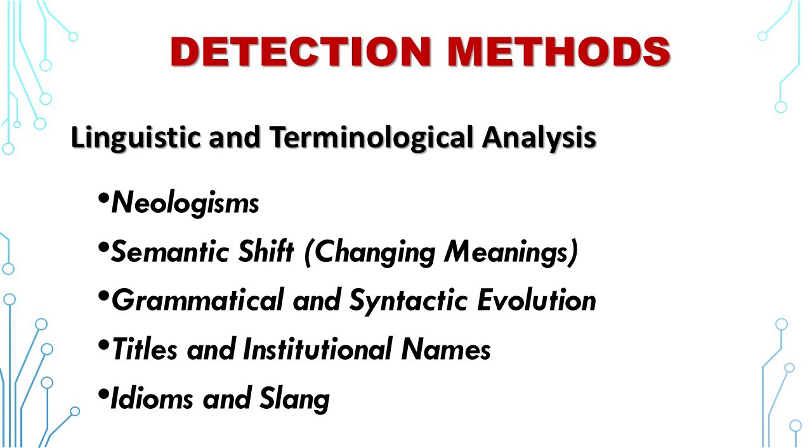So let's consider the following examples on linguistic and terminological analysis. Under linguistic and terminological analysis, the first thing you are going to consider is neologism. Neologism. That is a new word.